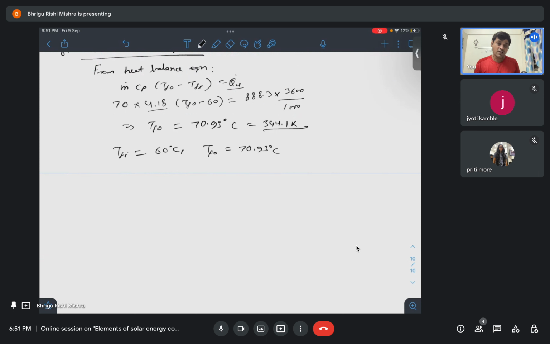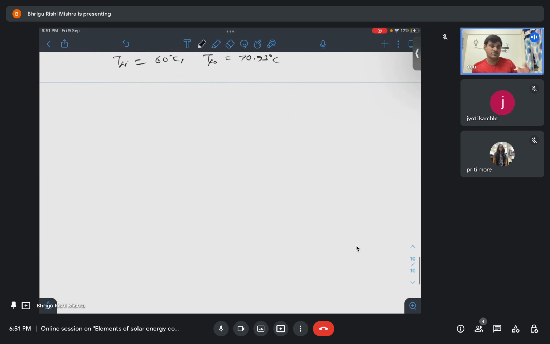So there is an increase in temperature of around 10.93 degrees, if it is operating from morning to the time which is given, since we are doing all the calculation for that particular time.